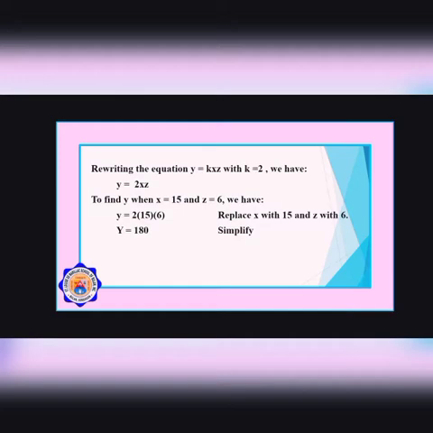Next is rewriting the equation y is equal to k times x times z with k is equal to 2, we have y is equal to 2 times x times z. So, sinubstitute na natin ang value ng k, which is 2. Then, to find y when x is equal to 15 and z is equal to 6, we substitute the values of x and z.